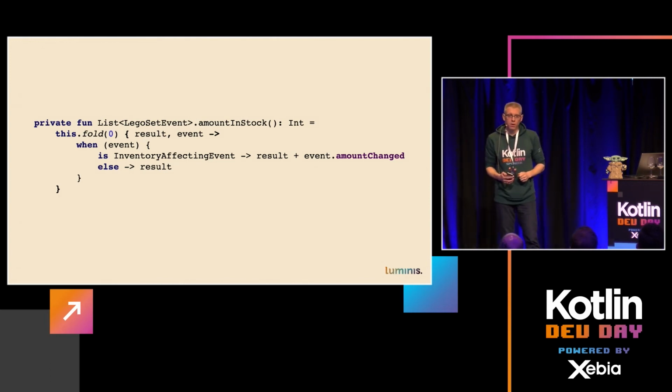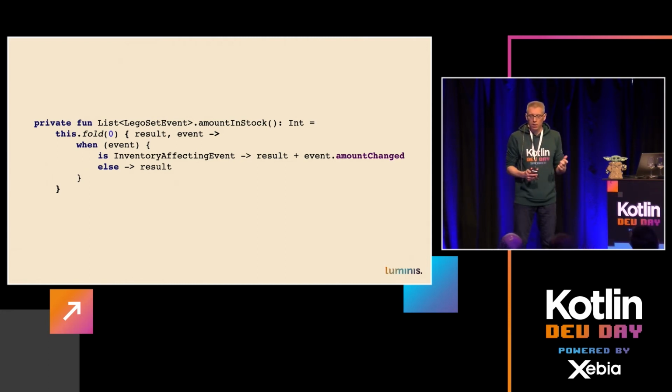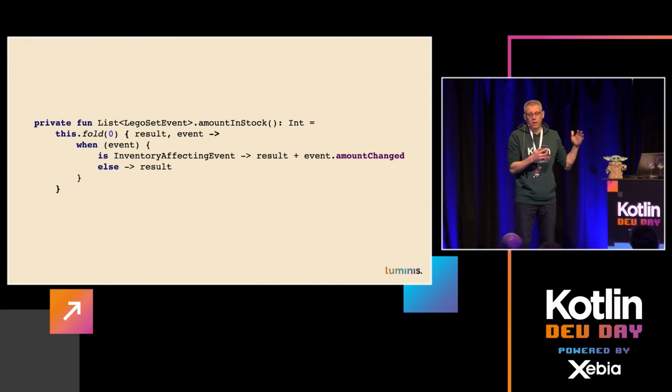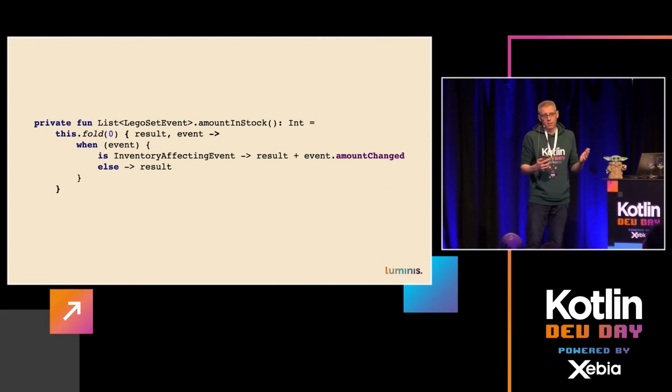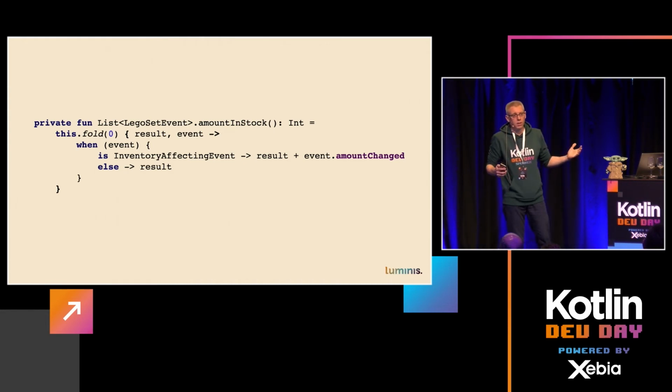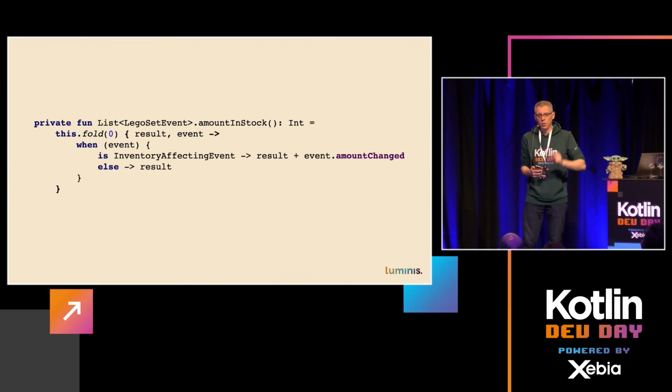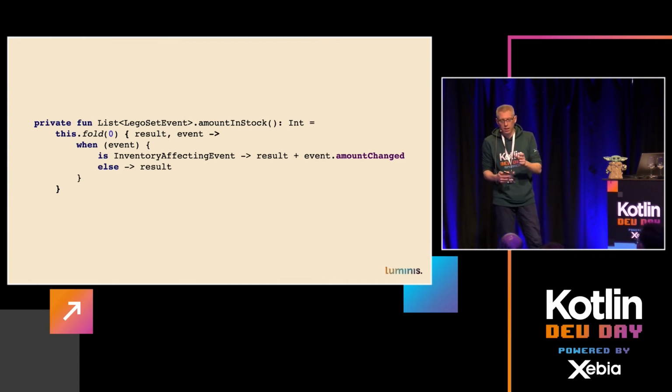Then, the more functional side of Kotlin is quite nice as well, I think, in this state, because with building state from your history, you get a lot of places where you're going to have functions to essentially build up state from the list of events. Using an extension function like you have here, on the list of events, to build up some state, you can then use something like fold to reduce that to one single value, like the state that you want.